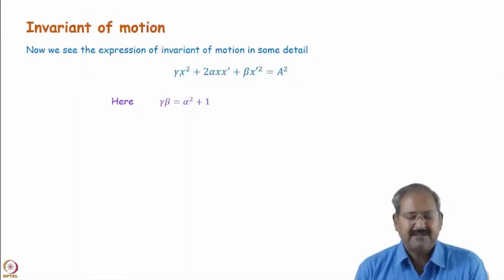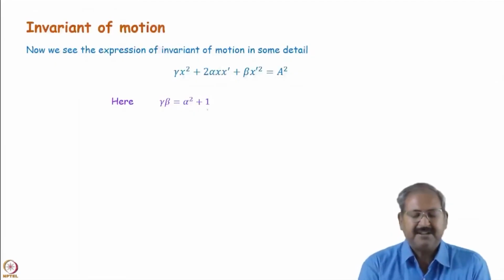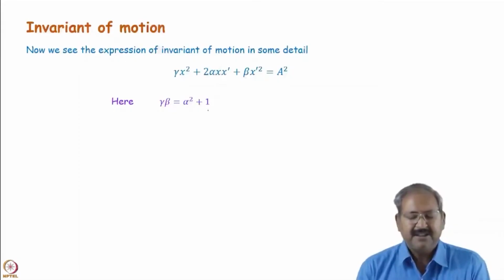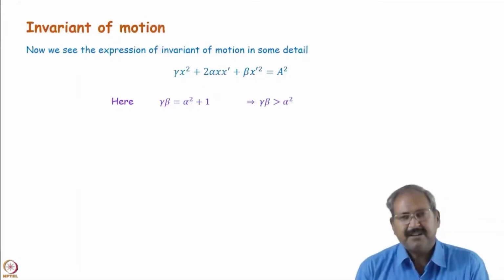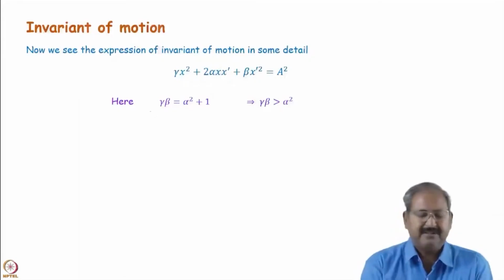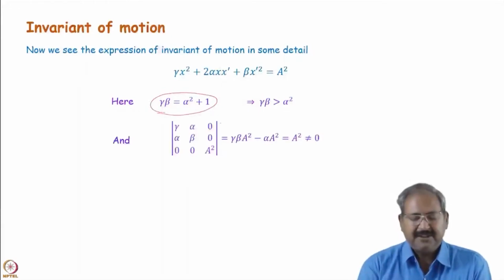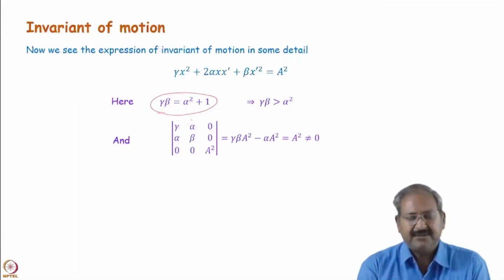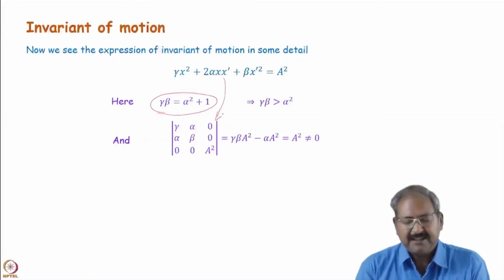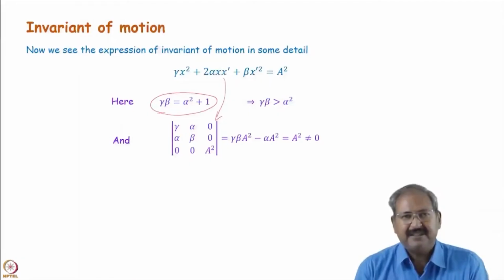So for conic section, we see that gamma beta is alpha square plus 1. Means gamma beta is greater than alpha square. This is by the definition of the gamma which we have provided in the next slide. And the particular determinant which we can calculate using this second order algebraic equation defines that this is not degenerate, means it doesn't show straight lines.